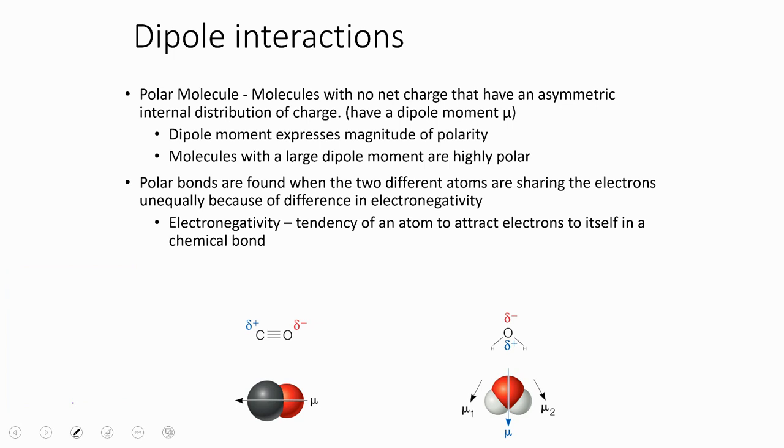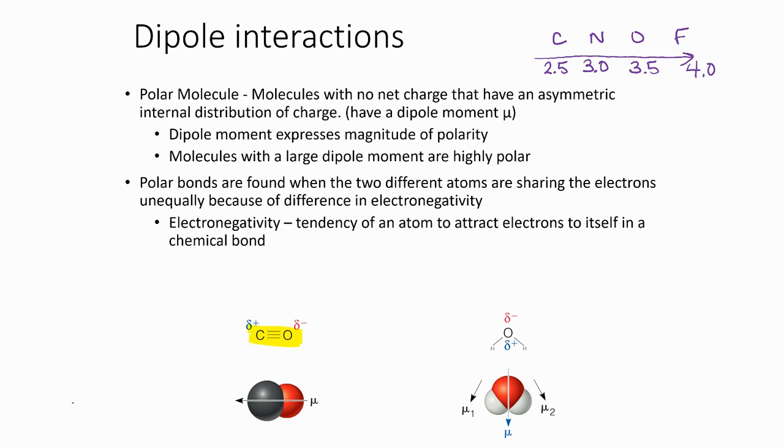If you look, going back to our electronegativity values from the last page, C, N, O, F, electronegativities increase towards fluorine. Carbon's 2.5, nitrogen's 3.0, oxygen 3.5, 4.0 for fluorine.